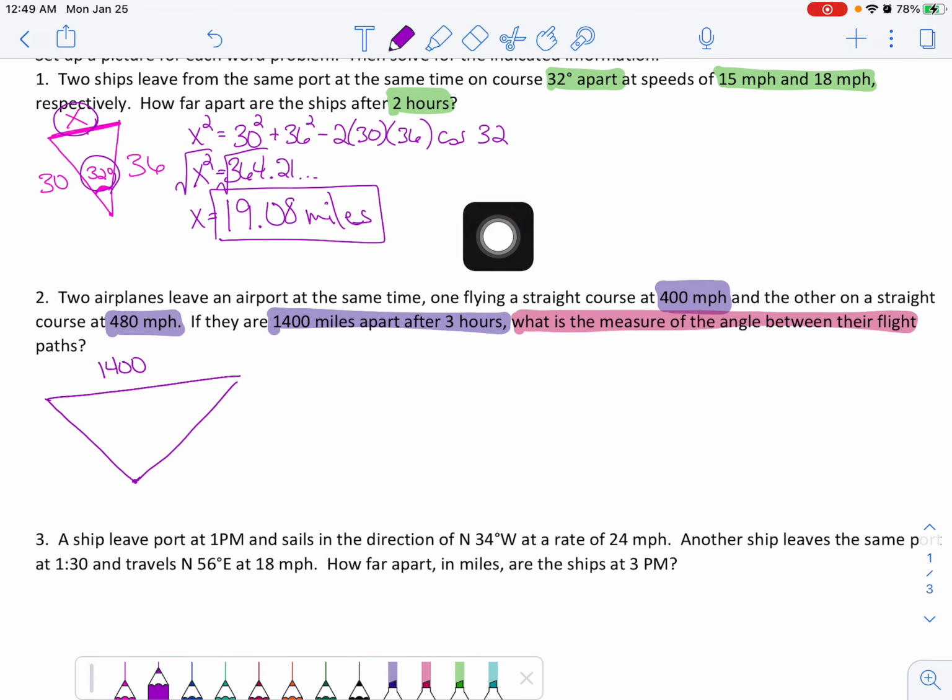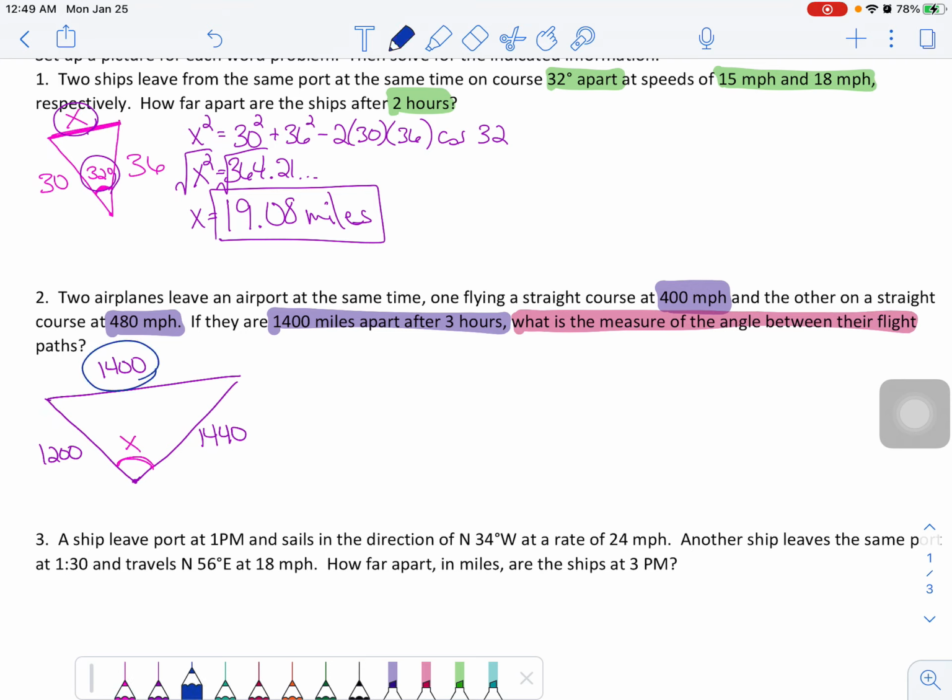So if it has been 3 hours at 400 miles per hour, that is a distance of 1,200 miles. 3 hours at 480 miles per hour is 1,440. And we are finding the measure of the angle between their flight paths. So I am looking for this angle right here. So this is going to be my x value.